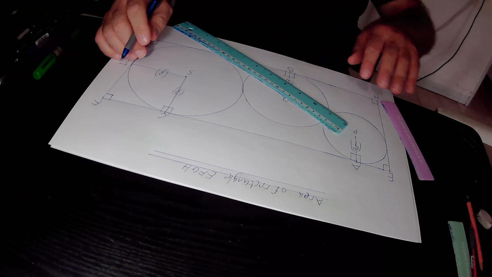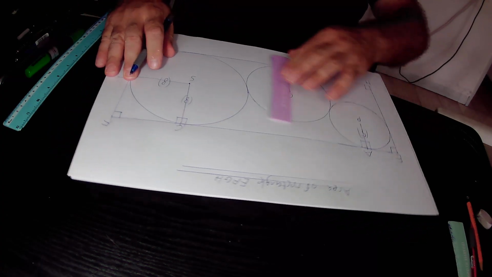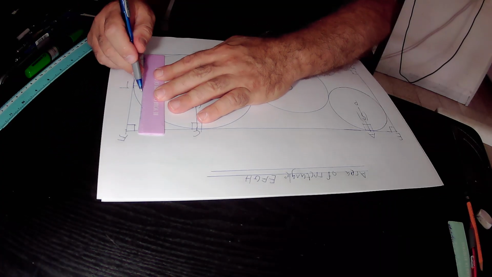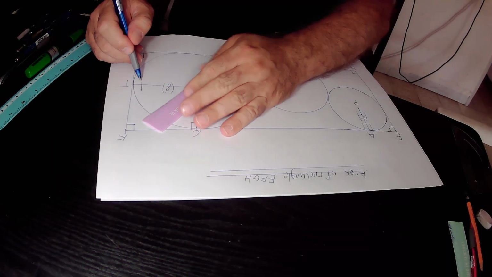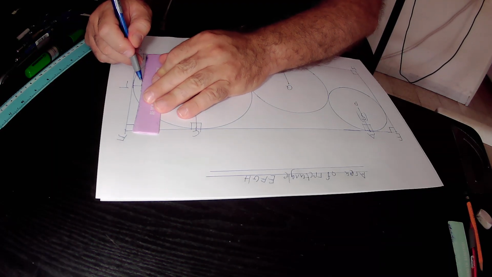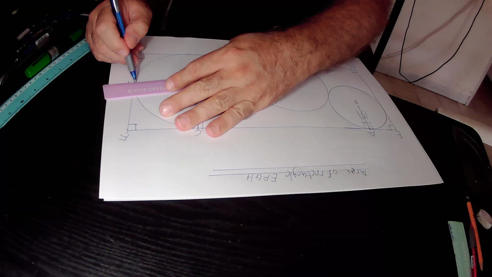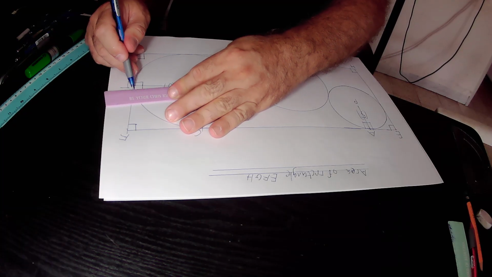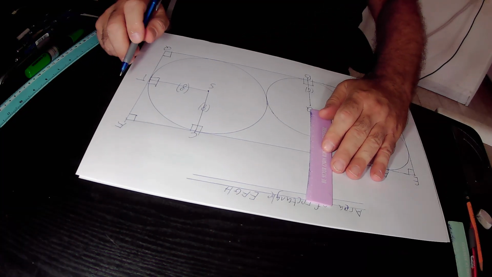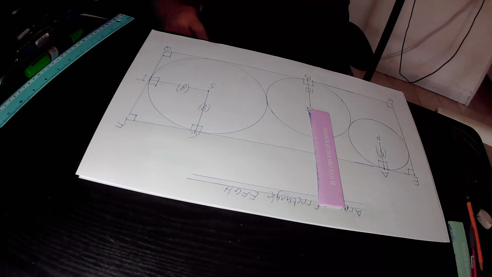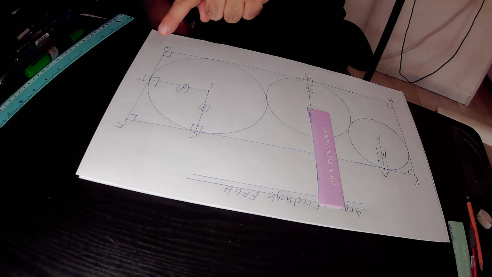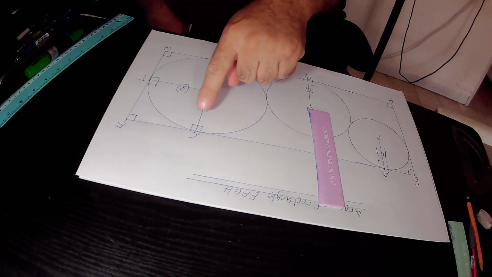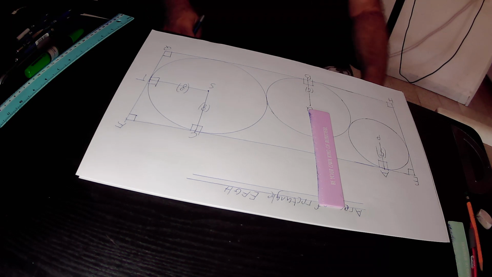And according to rule 1, this angle equals 90 degrees. And this angle also equals 90 degrees. In the small quadrilateral CFTS, we have 1, 2, 3 right angles.